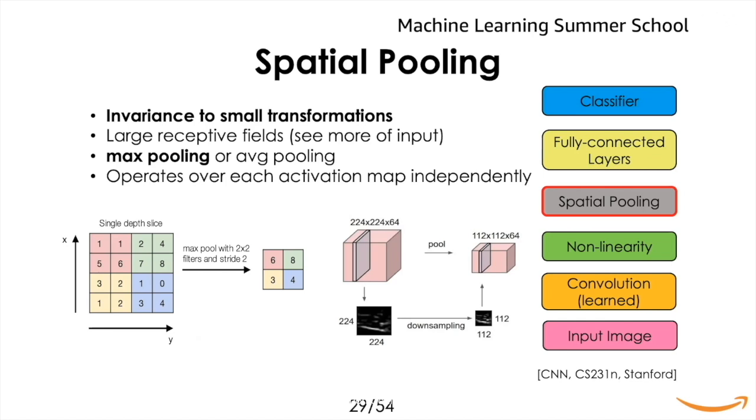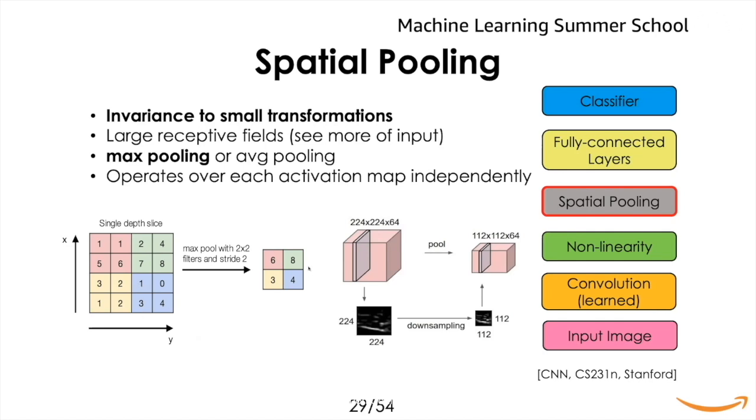Now let's look at the max pool filter. You're going to first look at the first 4 pixels, since the max pool has a size of 2 cross 2, and you're going to pick the maximum value among these 4 pixels. So in this case, it's 6, and that's going to be output. Now you move with the stride of 2. So you reach these 4 pixels, pick the maximum value, 8, move vertically by 2 pixels, and you come to this block, and here the max is again 4.